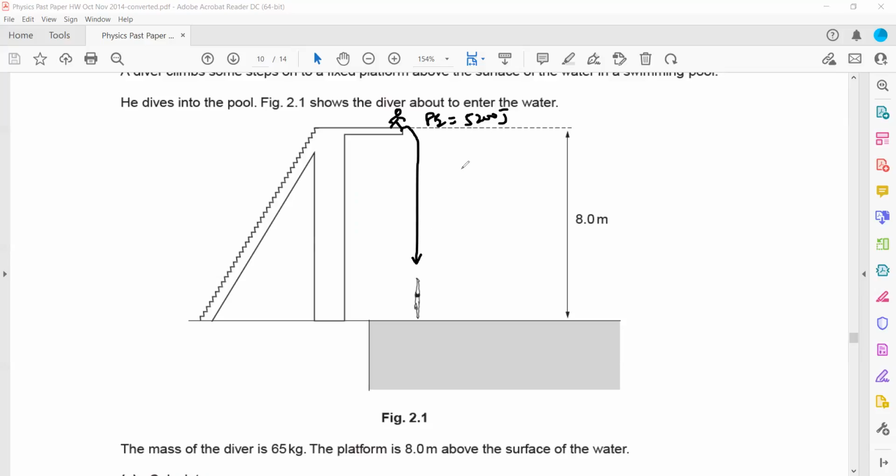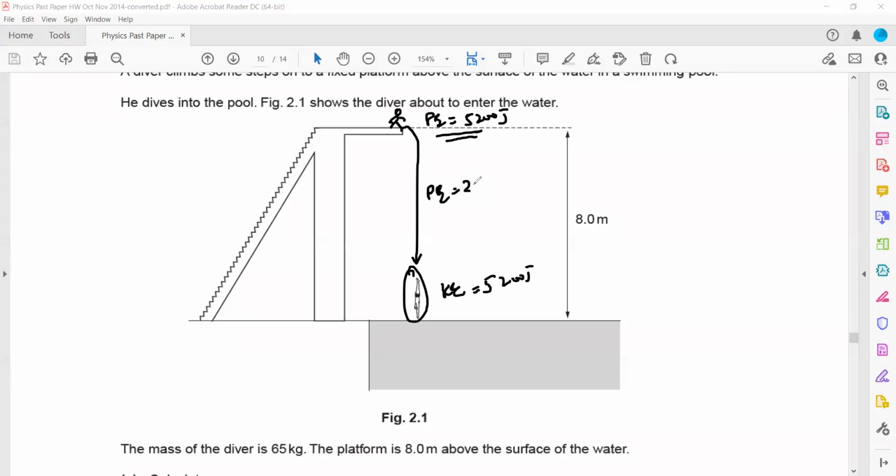Because he's coming down, his potential energy starts to decrease. And because he is moving and his speed is increasing, the kinetic energy starts to increase. So the potential energy at the maximum height will be the same as the kinetic energy before he hits the surface. At the center, he will have half of the potential, like half of 5200.